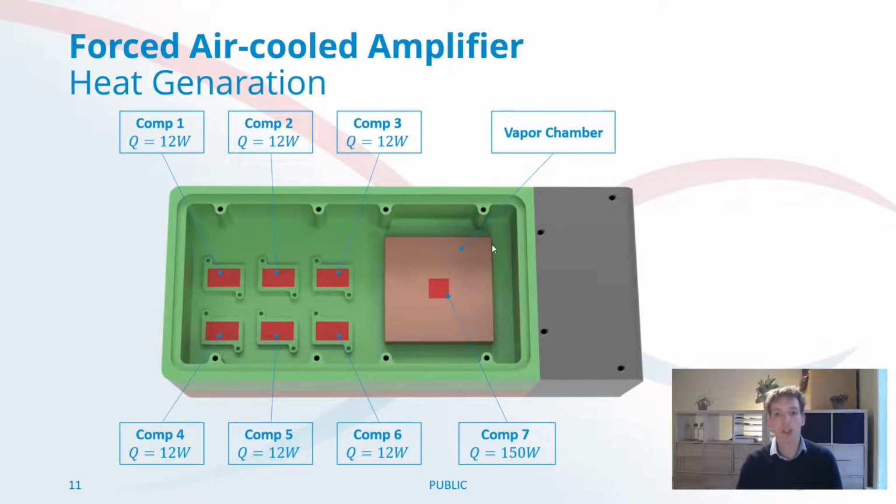This vapor chamber, we will not model the vapor chamber itself with all its physical behaviors. That's not necessary in this case. We will assume that it's just a very well conducting material.